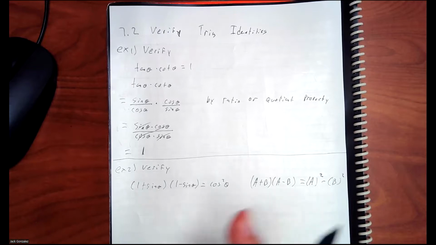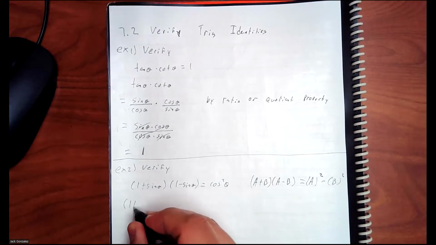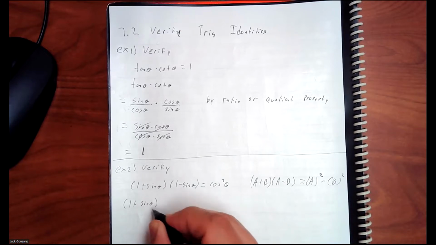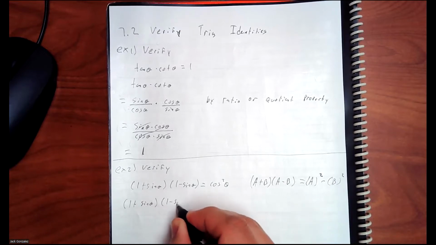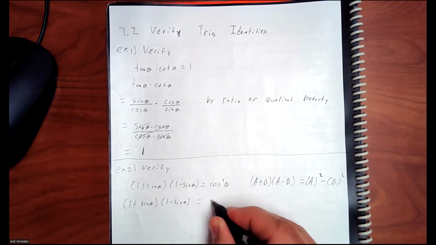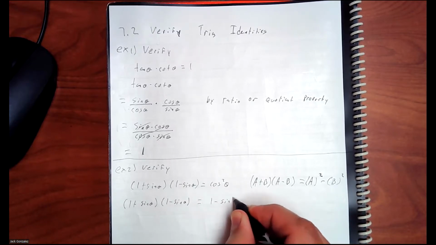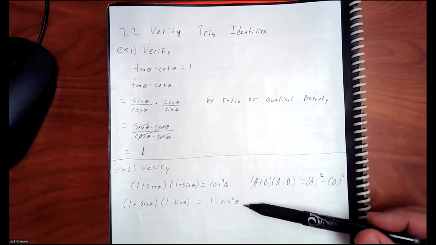Whenever you see that, you should know that's going to multiply like this. If you don't see that, you could FOIL the whole thing out, and then you're going to end up with just these two terms. Everything else will cancel.